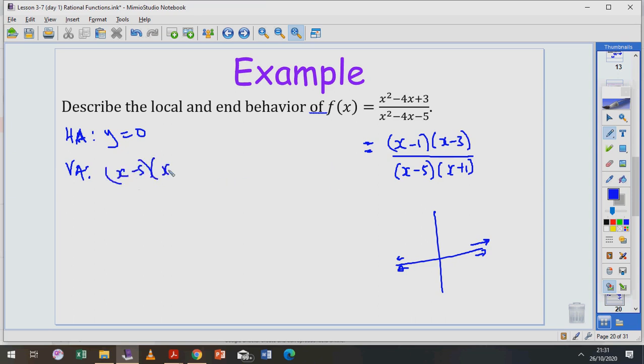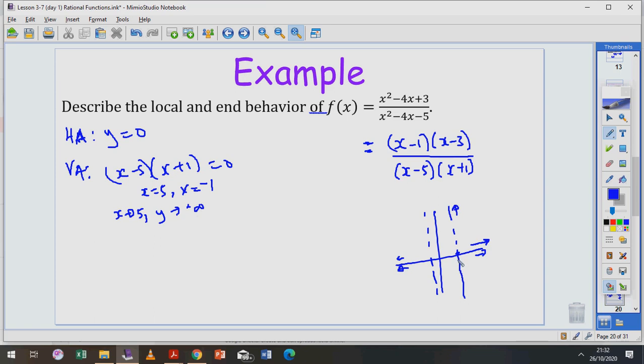Let me first check for vertical asymptotes also to get an idea of the end behavior. x minus 5, x plus 1, set that equal to 0 to get vertical asymptotes. That gives me x is 5 and x is -1. That tells me that as x goes closer and closer to 5, y is going to go towards positive infinity.